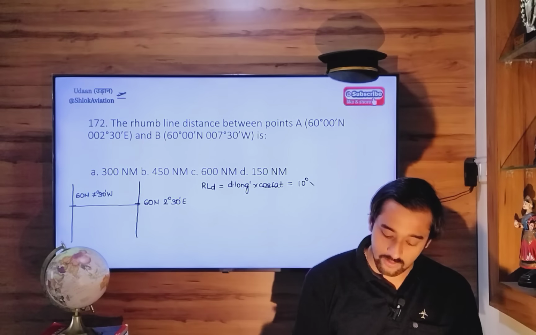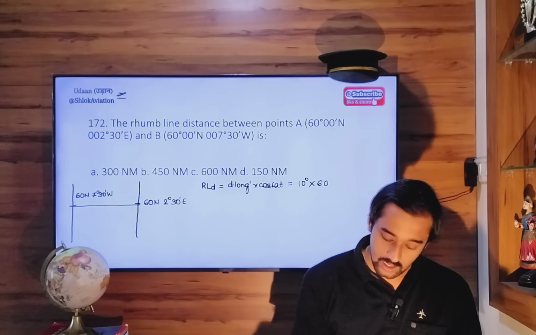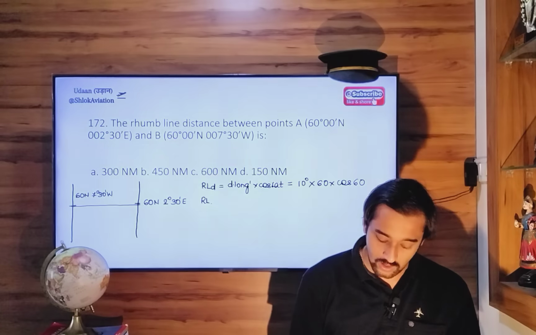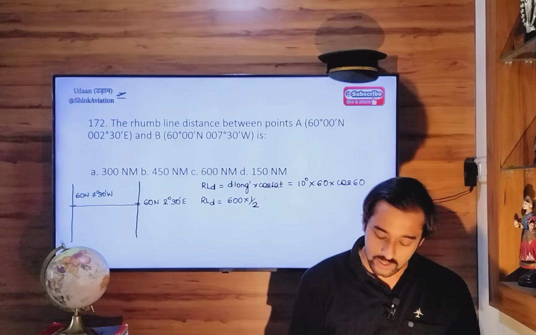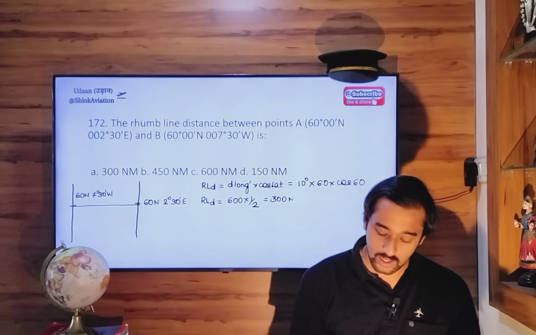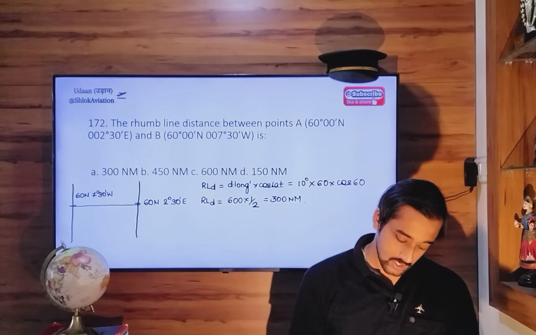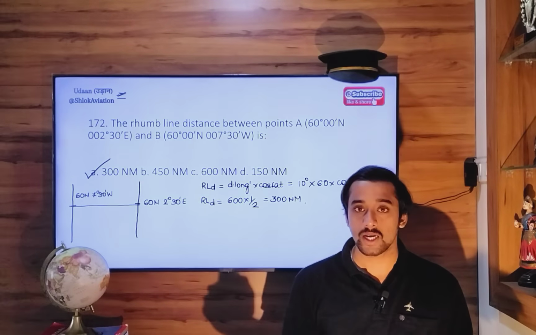Convert that into minutes, 600 into cos 60. So rhumb line distance will be equal to 600 cos 60, which is half, which is 300 nautical miles. So the correct answer is option A, 300 miles.